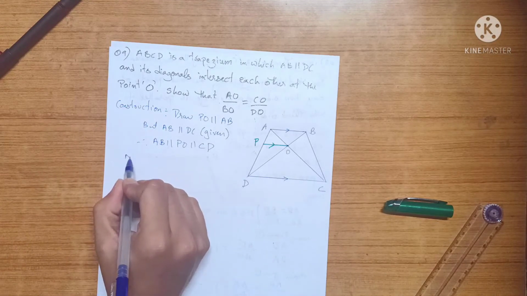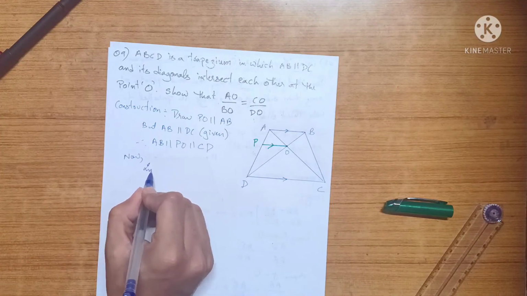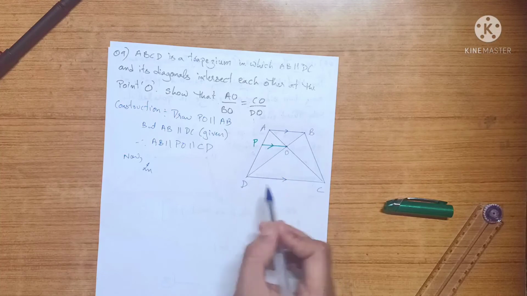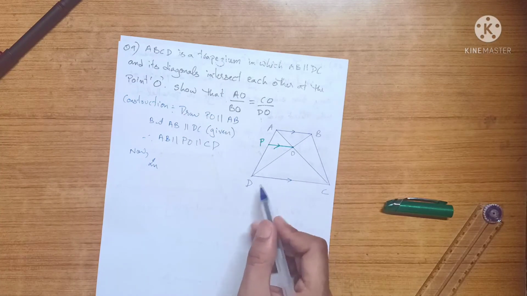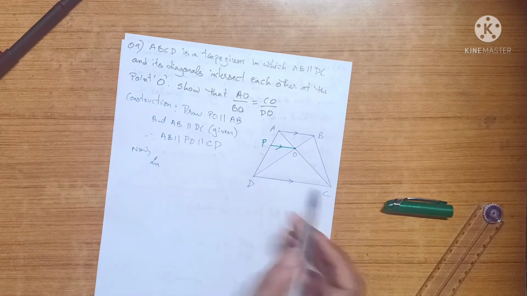Now let's take the triangles. This green line is parallel to this CD. So we'll take a triangle which includes PO and CD, which is ADC.